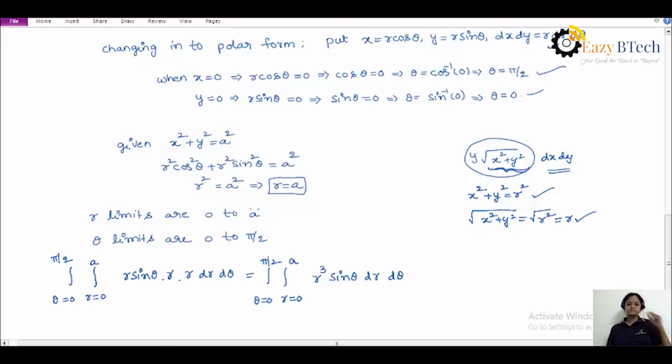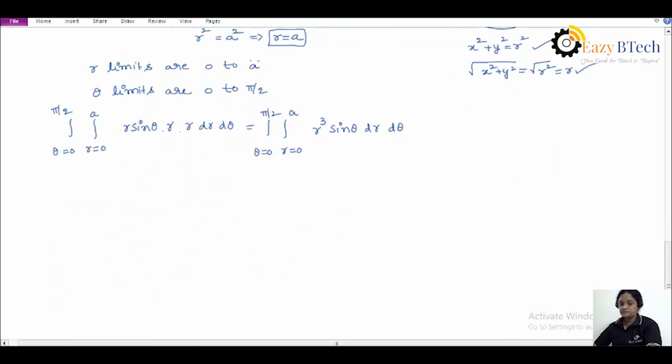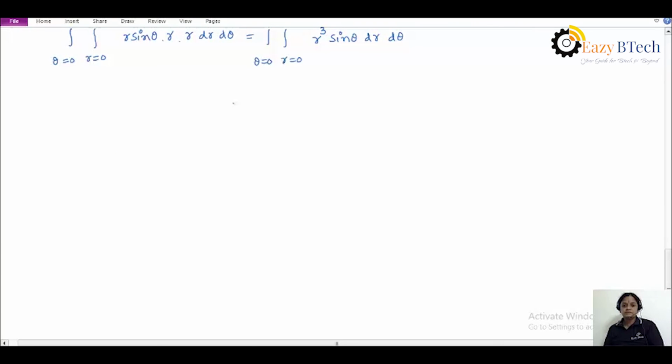So one thing you have to observe here, students: both the r and theta limits are constants, so we may do the integration with respect to r first, or with respect to theta first. At first I am doing integration with respect to r: theta from 0 to pi by 2, sin theta common, r cubed integrates to r power 4 by 4 within the limits 0 to a, and next is d theta.